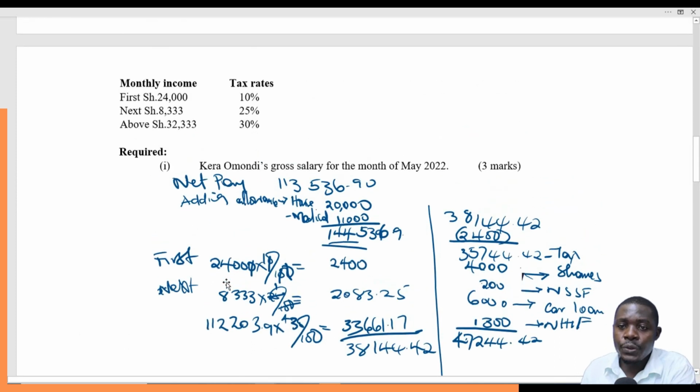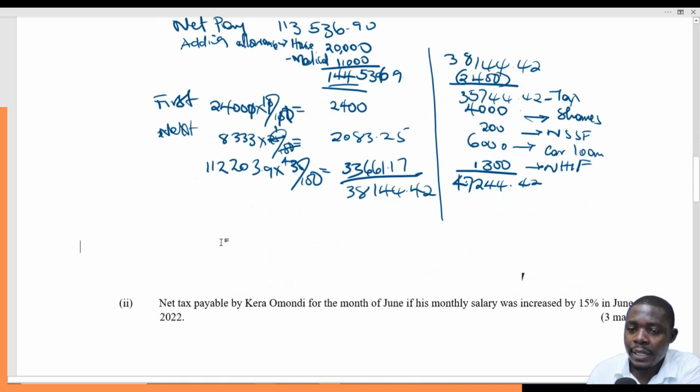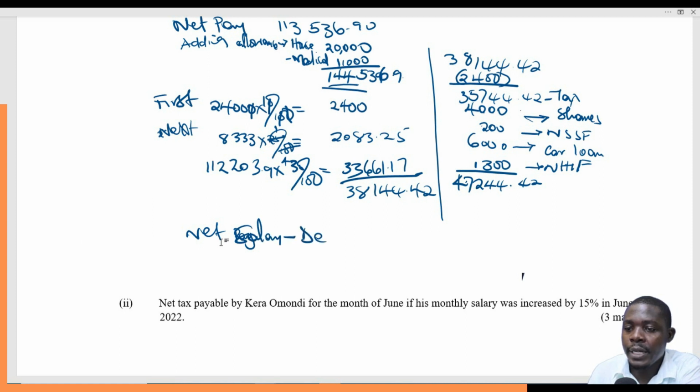Now we are told to calculate the net pay for the month. The gross salary, then we can have the net pay, net salary, minus all the deductions. Now we had 144,536.9.